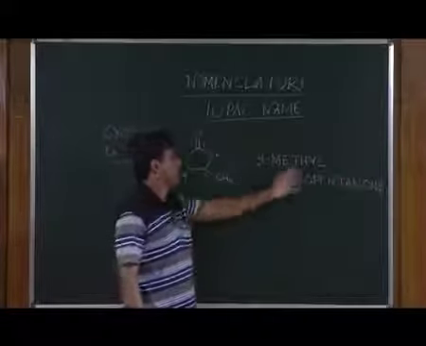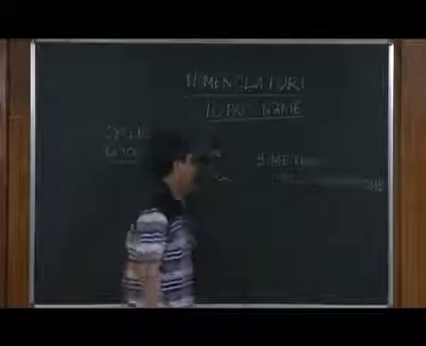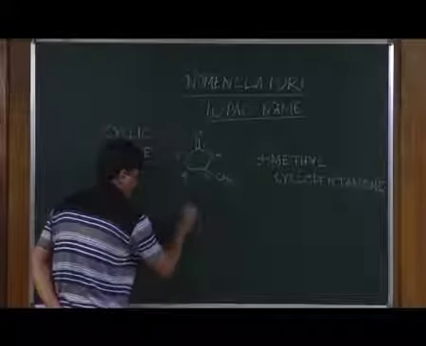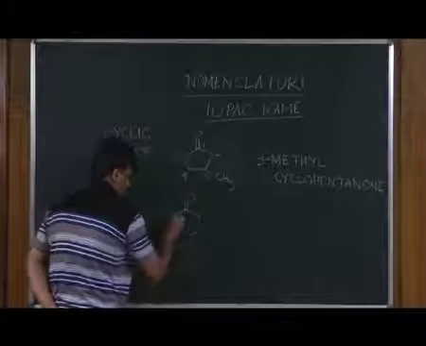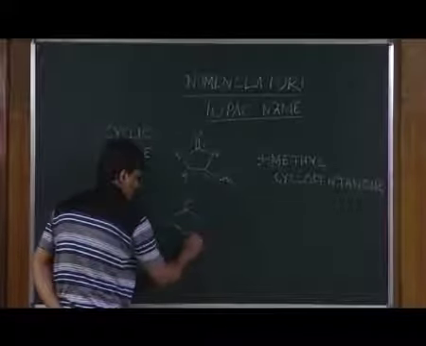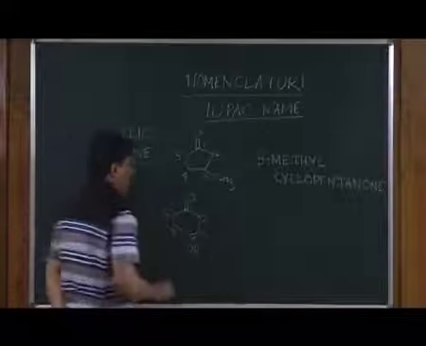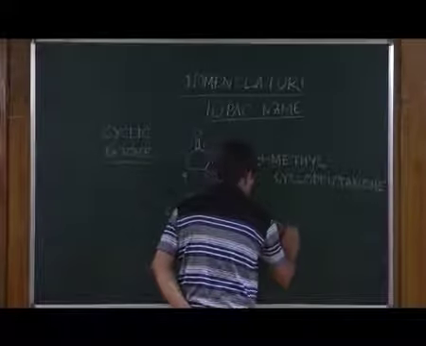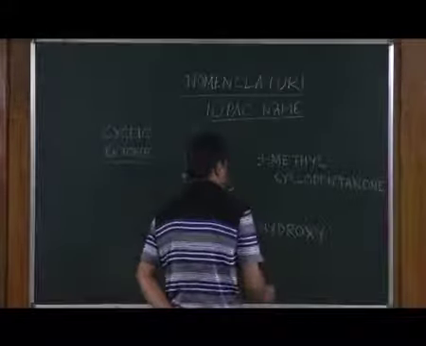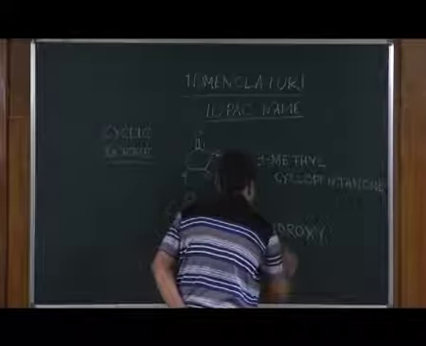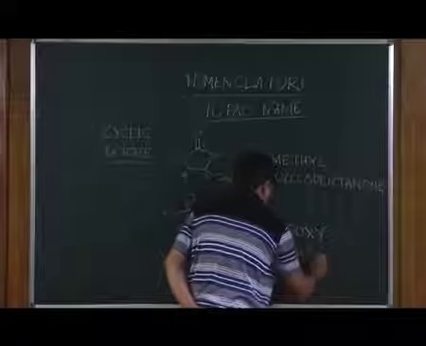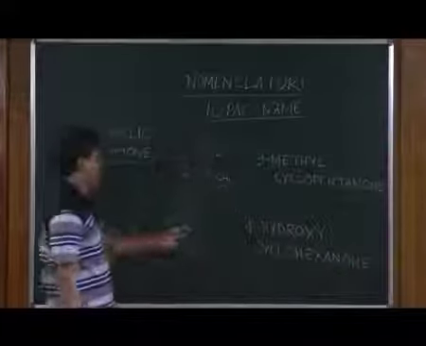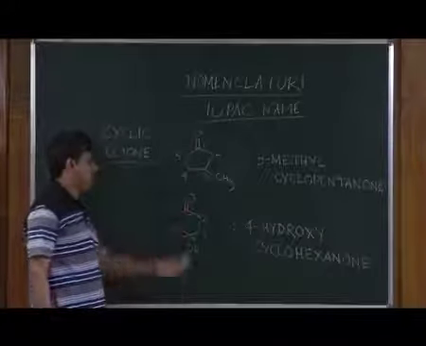So, this compound can be called directly 3-methylcyclopentanone. This compound can be called 4-hydroxycyclohexanone. So, cyclohexane is the parent ring here, and then we add the one.